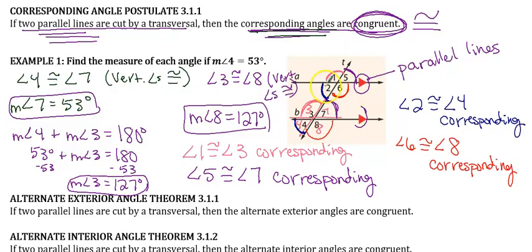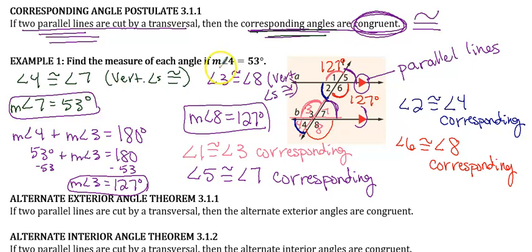If angle 1 is corresponding to angle 3, and we know angle 3 is 127 degrees, this is 127 degrees. We know angle 6 is corresponding to 8, and we know the measure of angle 8 is 127 degrees, so this one's 127 degrees. Angle 2 is corresponding to angle 4.